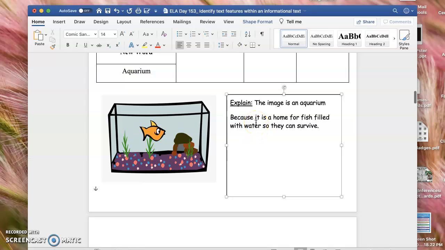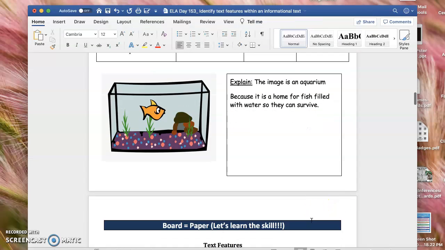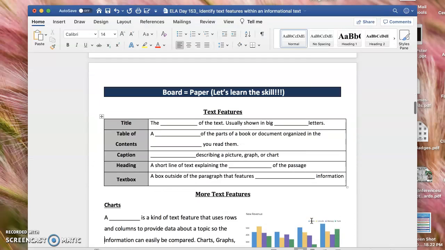Okay, good. Now again guys, if I'm going too fast, you can always pause the video and catch up. I'm going fast because this part is easy. So let's get to our board equals paper.